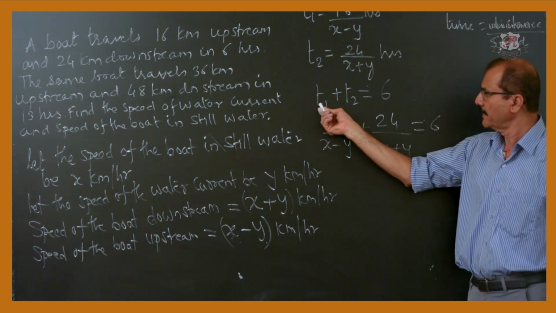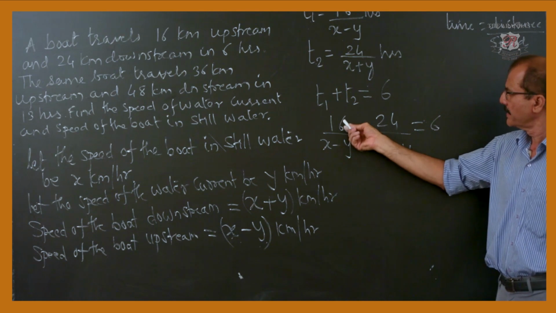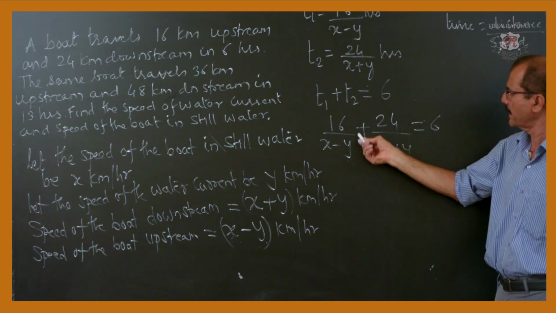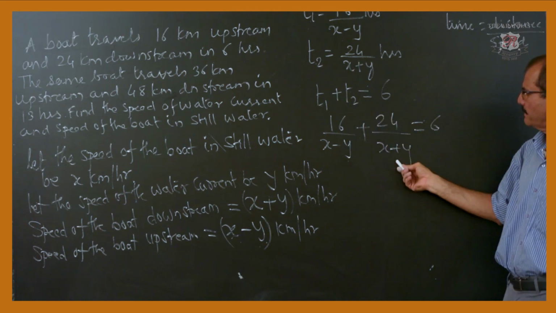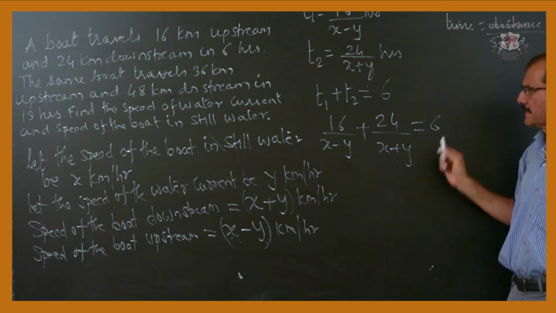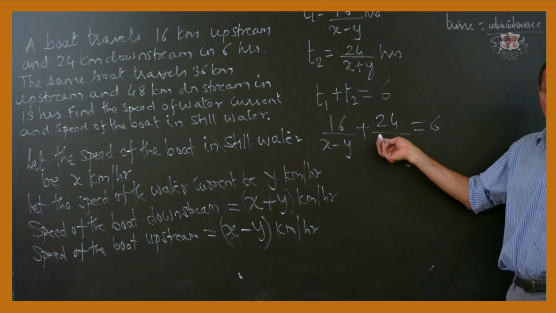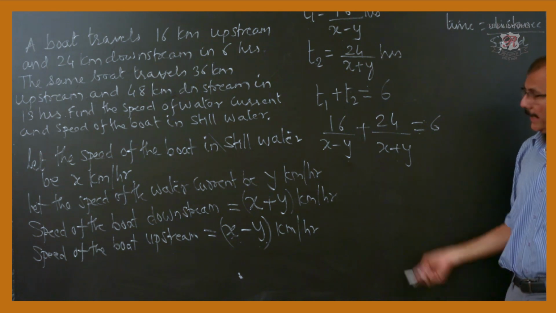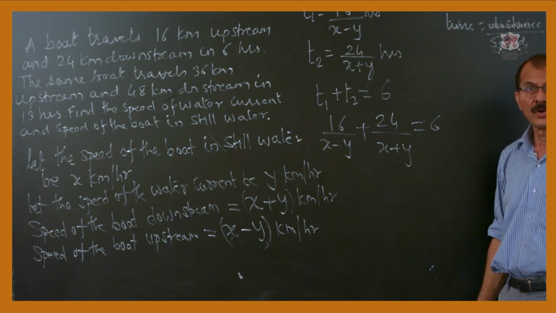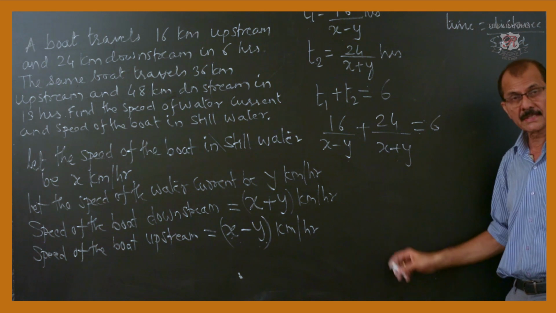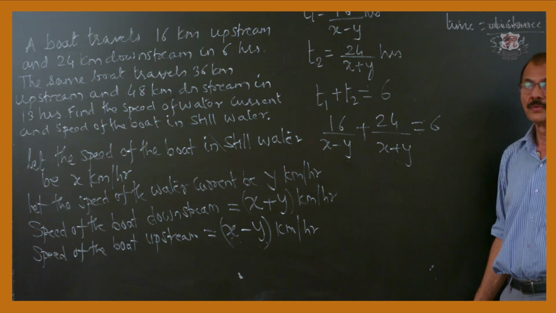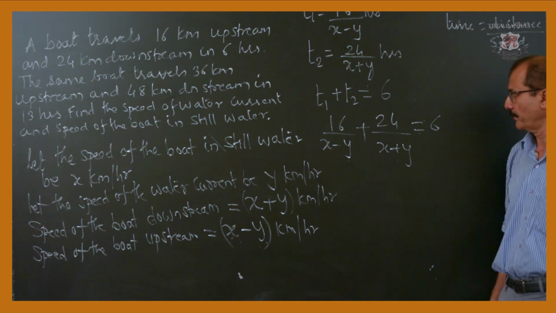See, I substitute the value of T1, 16 upon x minus y, plus T2, 24 upon x plus y, is equal to 6. Now, you got an equation here. Is this a linear equation? No. So, you have to reduce this equation to a linear equation.